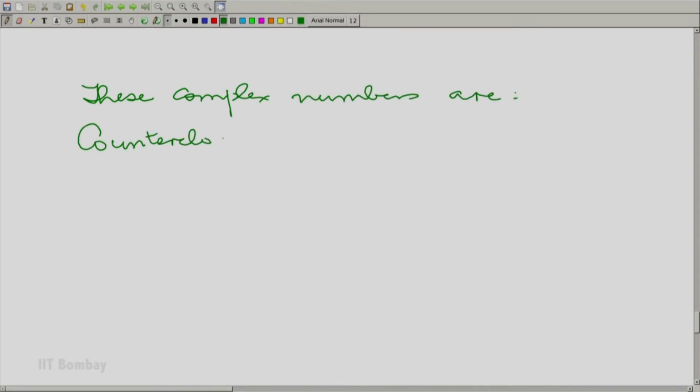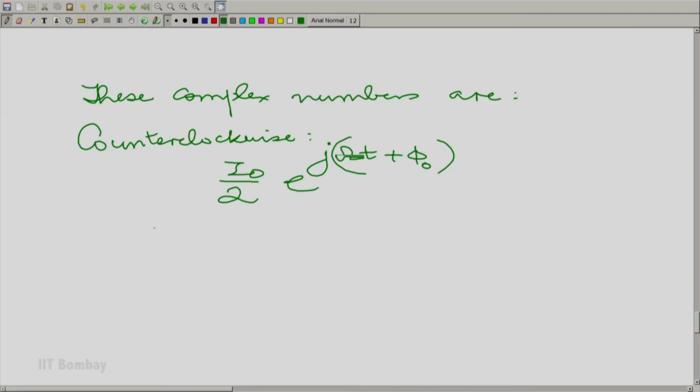Now, let us describe these complex numbers. Let us recall how we describe a complex number. A complex number can be described either in what is called its rectangular form, where we say real part plus j times the imaginary part. In fact, this quantity j is the square root of minus 1, so it is the primordial complex number, if you might.